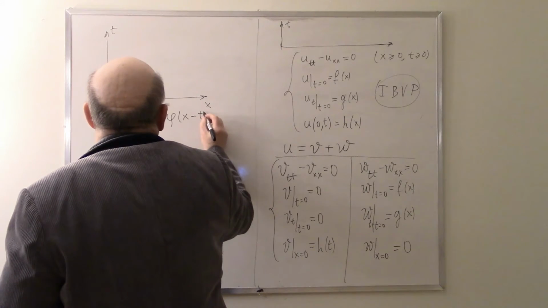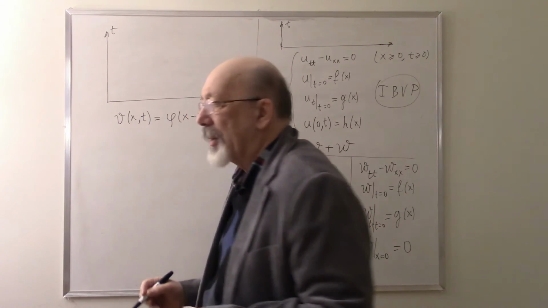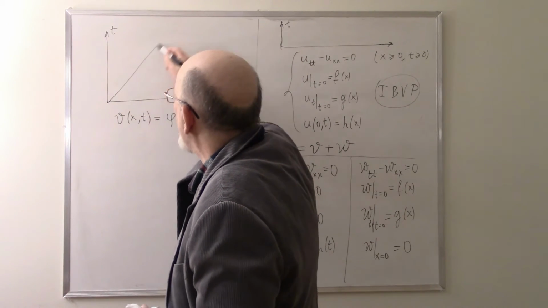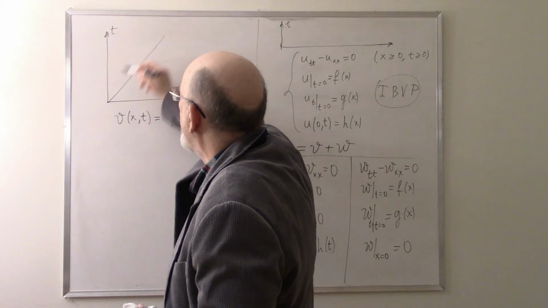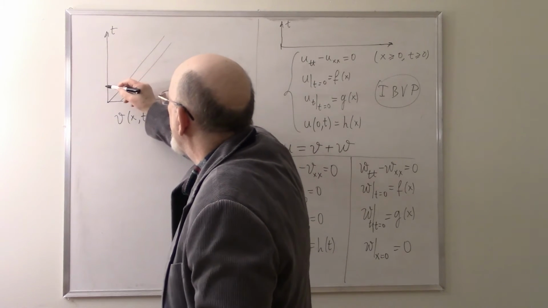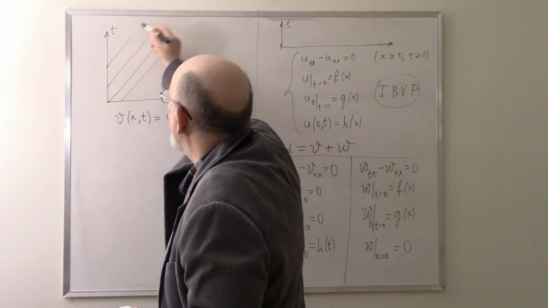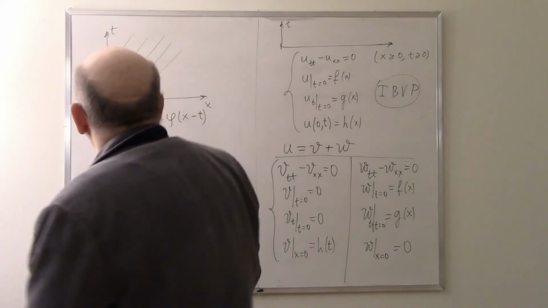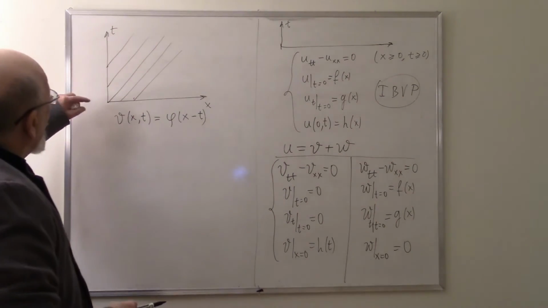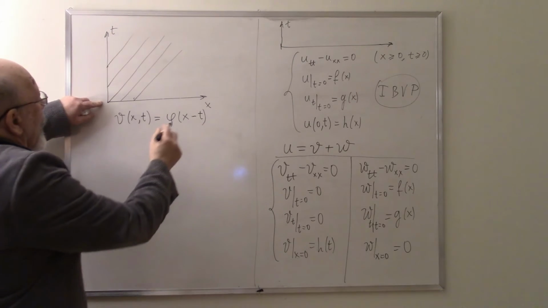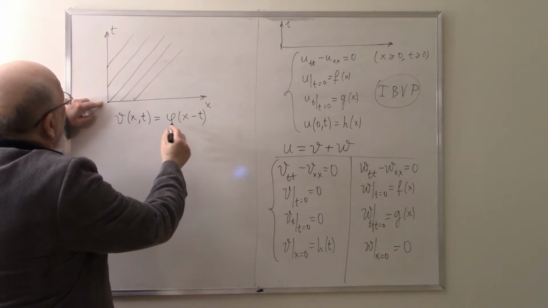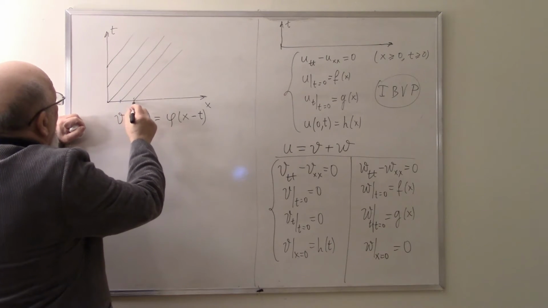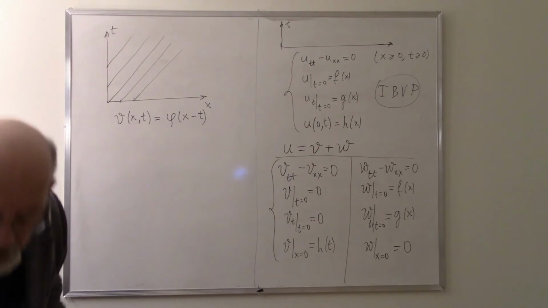So this function is constant along characteristics which are parallel to the diagonal x equals t.